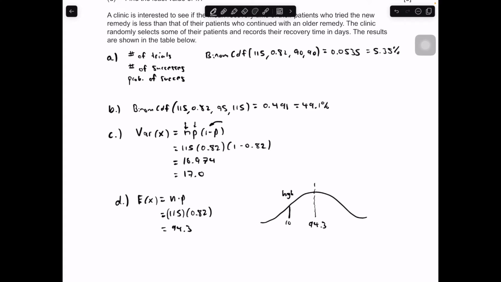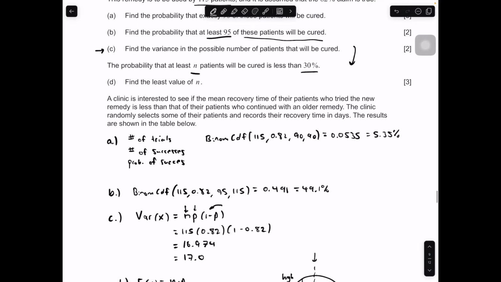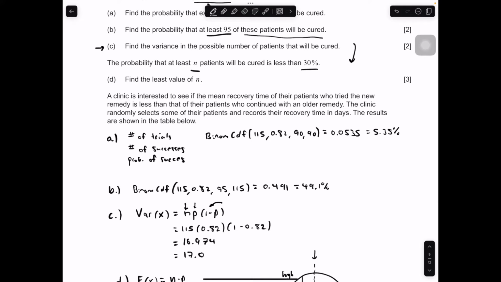And similarly, the expected number is just going to be 94.3. So the chance that we cure, let's say, 60 patients is also going to be pretty good. Chances are we're going to have at least 60 patients, because we expect around 94.3 to be cured on average in some kind of sense.